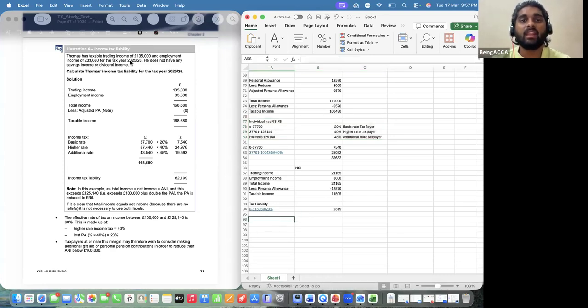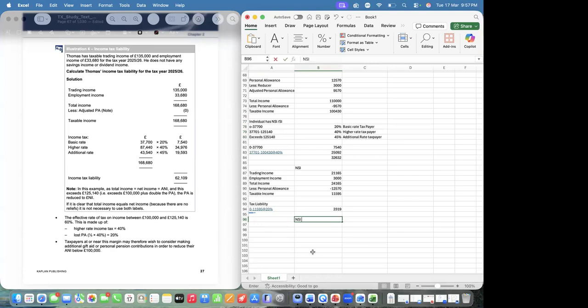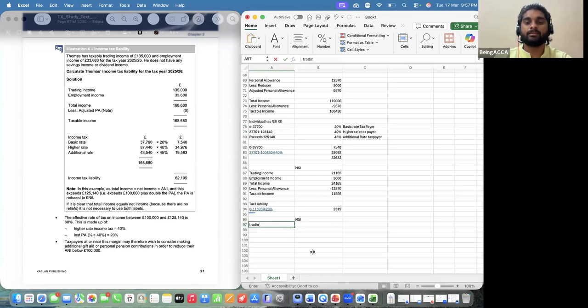He does not have any savings income or dividend income. Okay. Now both of these are which kind of incomes? Non-savings incomes. Absolutely right. So first we have trading income, which is 135,000, and we have employment income, which is 33,680.